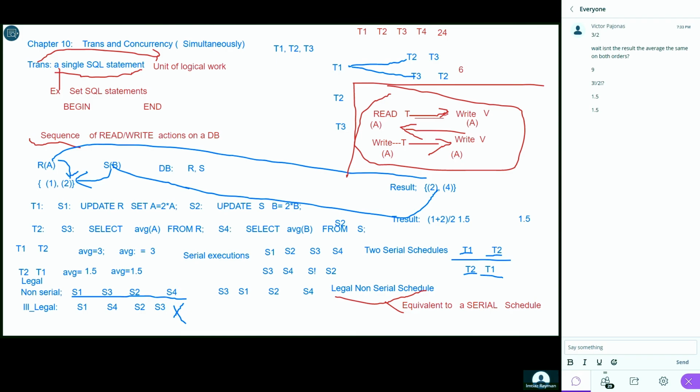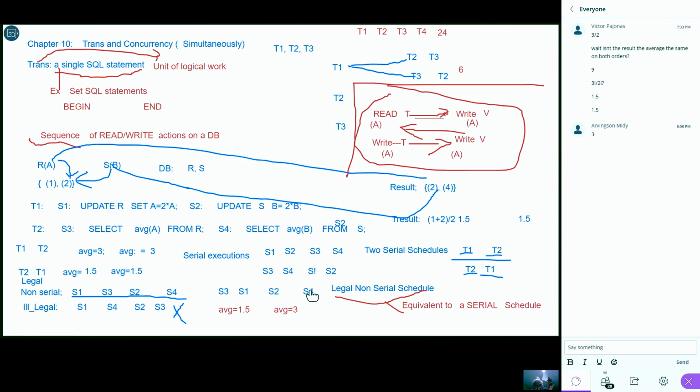It's going to be 3. Why 3? Because now S1 and S2 went up. That means they changed R and S. It became 2 and 4. So now we go with S4. It is going to give us 3.